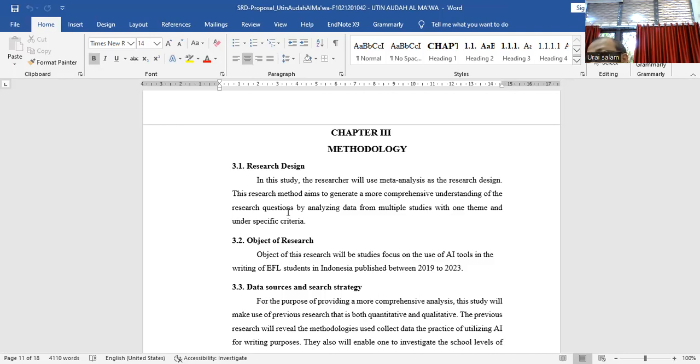So in meta-analysis, they start the explanation from how they searched the databases, and then they set the criteria, like what you said already, inclusion and exclusion criteria, and then they also set the time period, like you said here, 2019 to 2023.